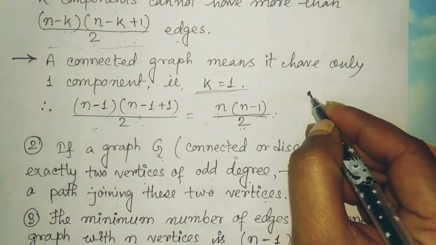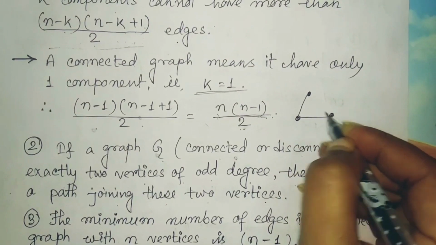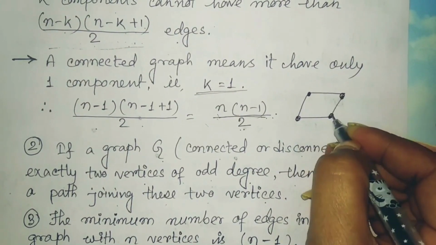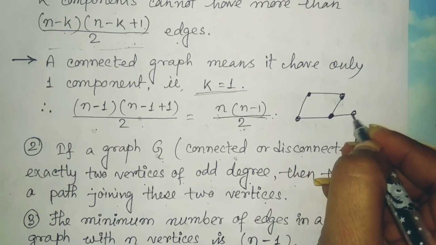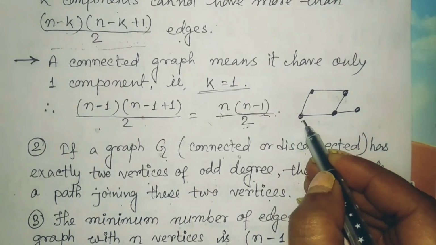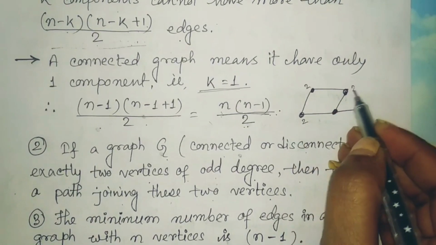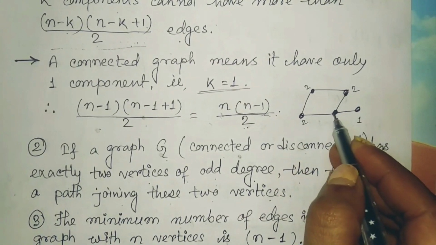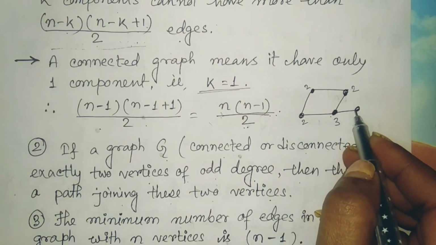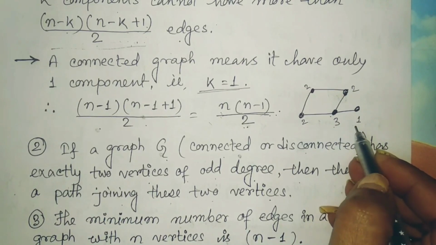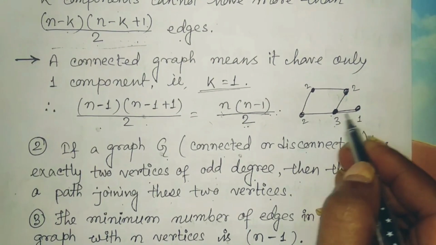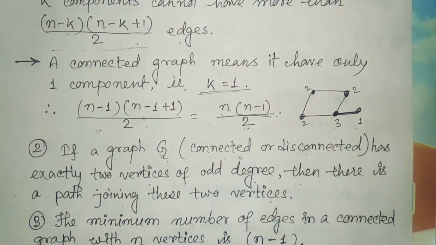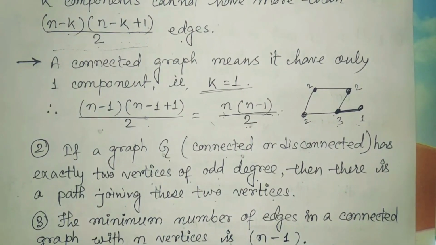Suppose this is the graph. Look here, its degree is 2, 2, 2, then 3 and 1. In this graph exactly two vertices have odd degree, so definitely there should be a connection. Without that connection, you can't draw the graph.